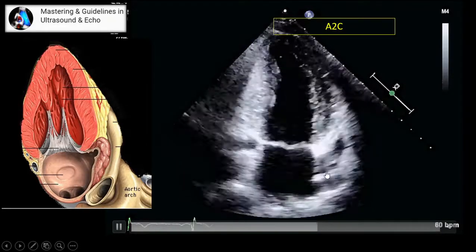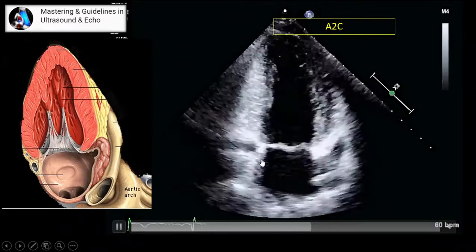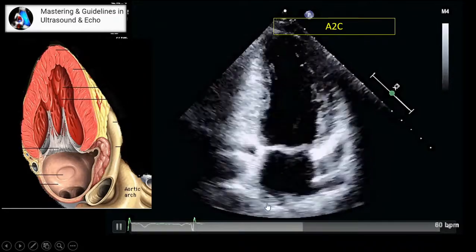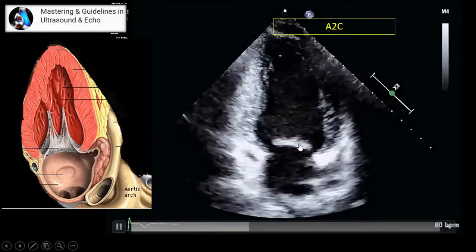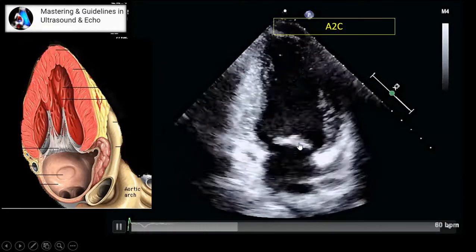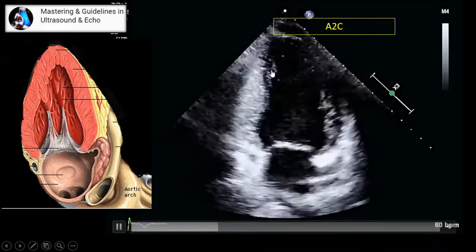You will see some part of the left auricle, coronary sinus. Here maybe the pulmonary vein. One or two mitral valve leaflets as I talk, and here the anterior wall and inferior wall.